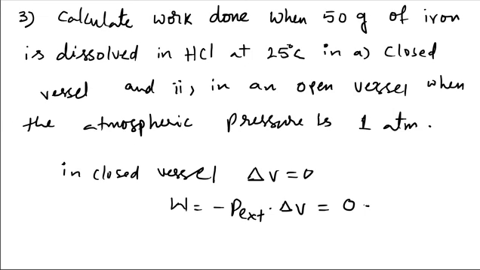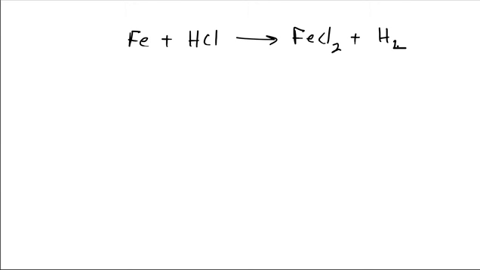So let's find out what is the reaction between iron and HCl. That is iron plus HCl giving FeCl2 plus H2 gas. This reaction is not balanced. Therefore, let's try to balance this one. If I make 2 moles of HCl, the reaction is balanced.